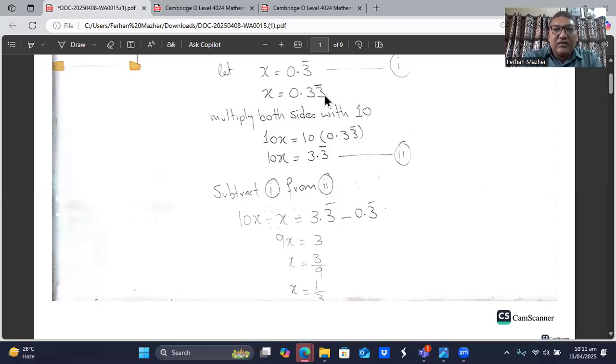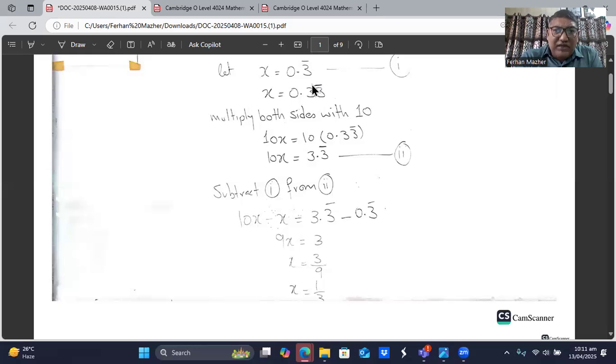You can write it as 0.33 bar. Then you multiply both sides by 10. This side becomes 10x, and multiplying 10 with this number gives 3.3 bar. Why multiply by 10?